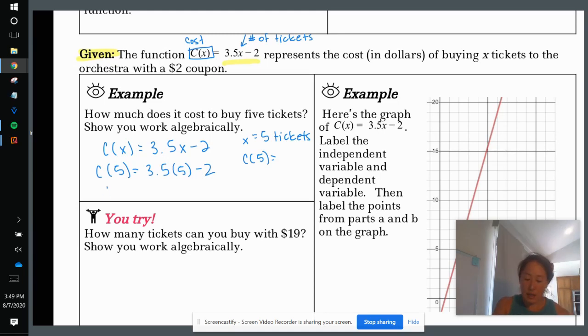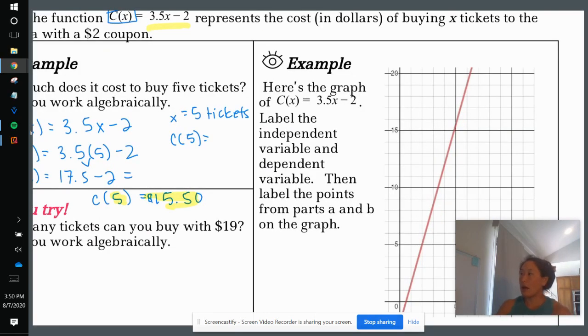We're going to get C of 5 is equal to 17.5, so multiply first, and then subtract 2 for the $2 coupon. Okay, and we get C of 5 is equal to 17.5 minus 2 would be 15.5, or $15.50. So the cost of 5 tickets is $15.50.